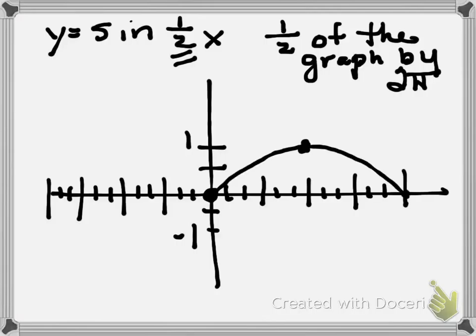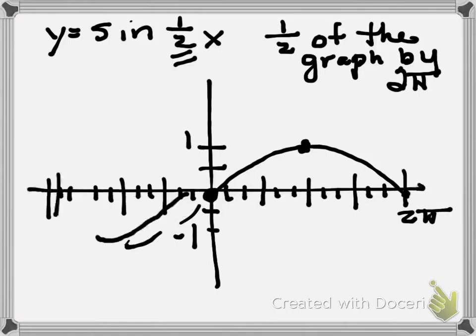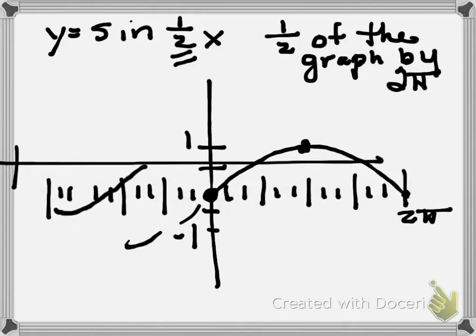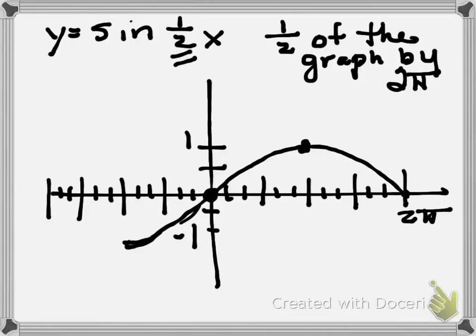That's only half of the sine graph between 0 and 2 pi. And on the other side, we would be going to negative 1, and then back up to 0. A smooth, continuous curve.